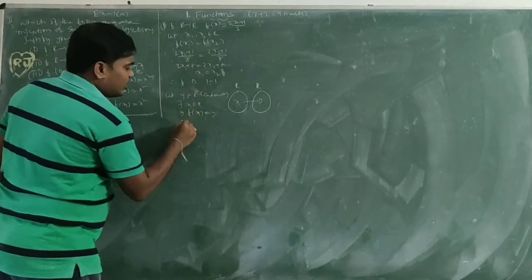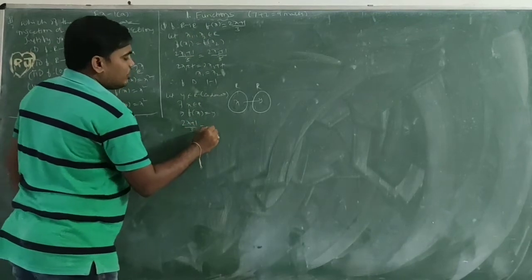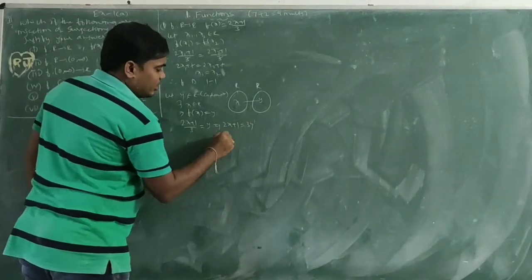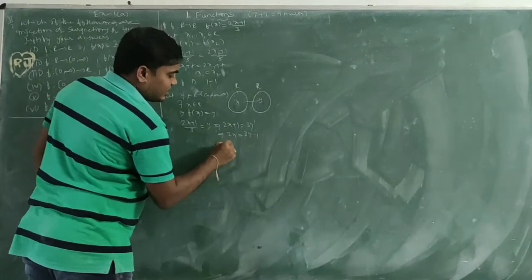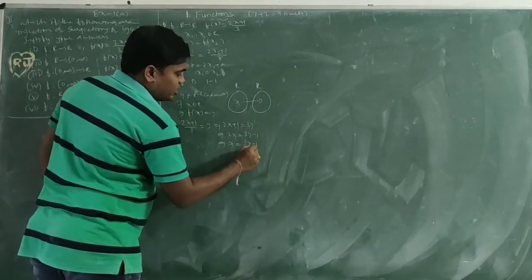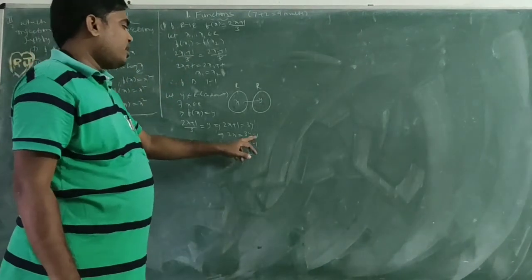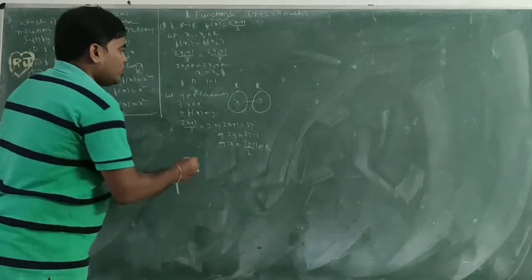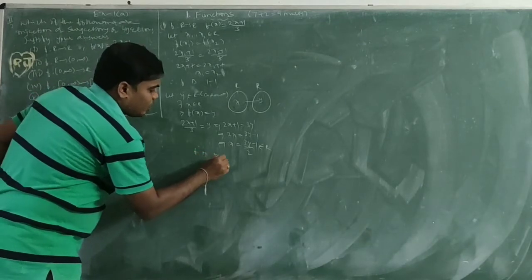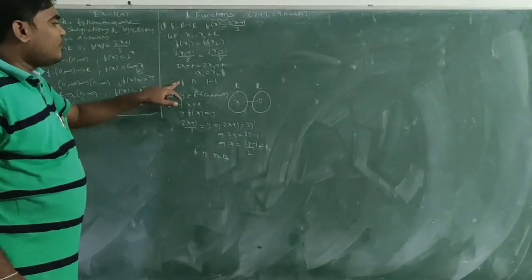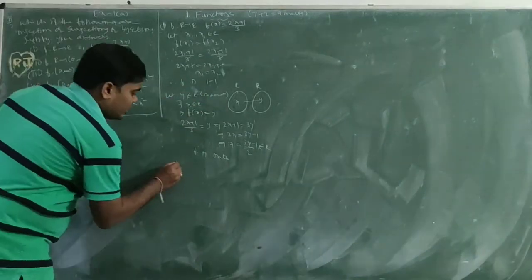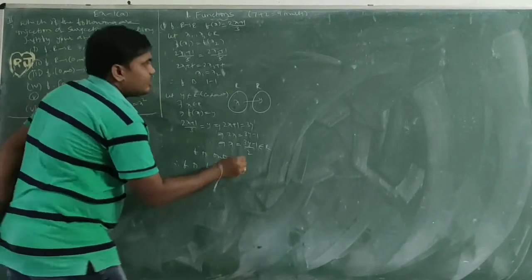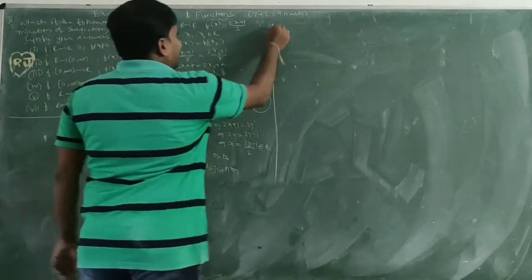What is f of x? (2x plus 1) by 3 equals y, which implies 2x plus 1 equals 3y, 2x equals 3y minus 1, x equals (3y minus 1) by 2. Since y is a real number, all these are real numbers, so the result is also a real number. So x is a real number, so f is onto. Given that we already proved f is one-one, and now f is onto, therefore f is a bijection. Okay, next, the second one.